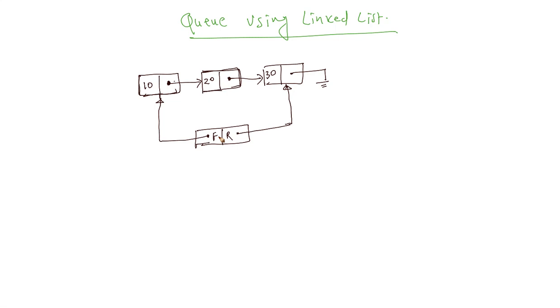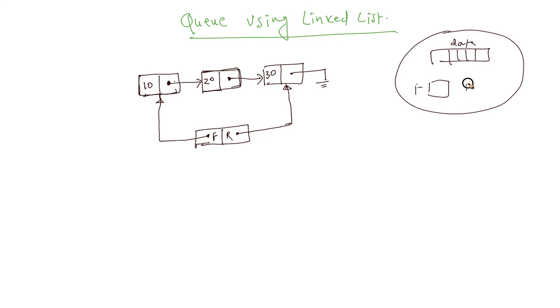Right? So these F and R are similar to the front and rear variables which we had when we implemented queue using arrays. If you remember, in queue using arrays we had the data array, this F and this R. So if this is the queue 10, 20, 30, 40 at indices 0, 1, 2, 3, then F was 0 and R was 3.